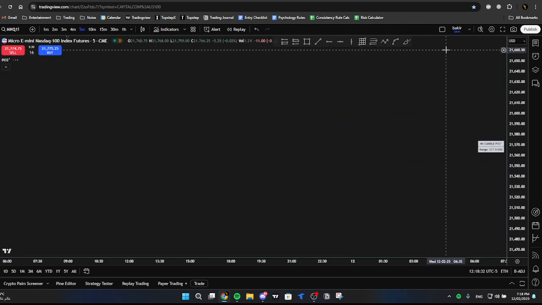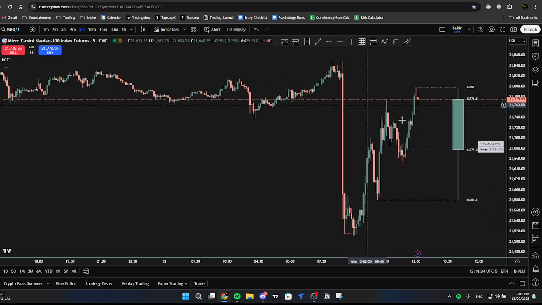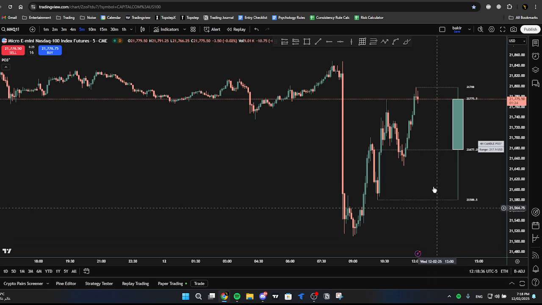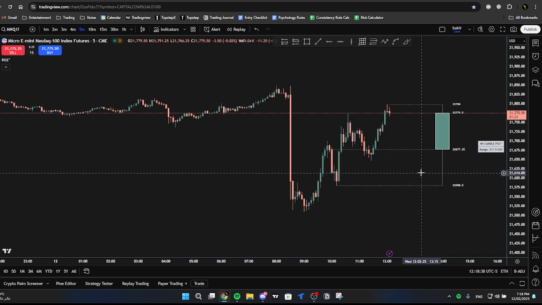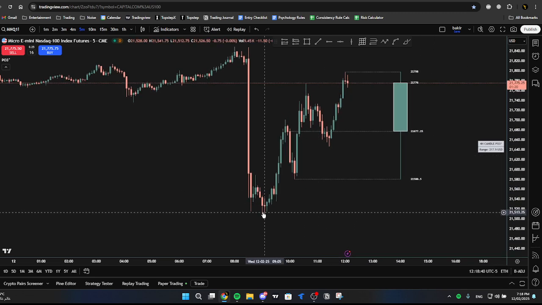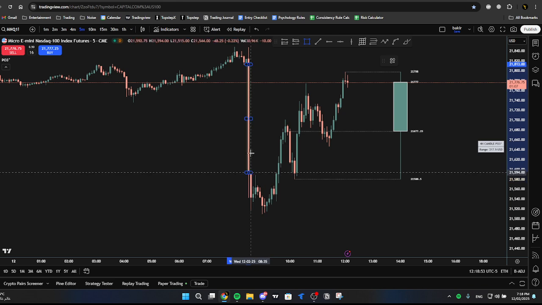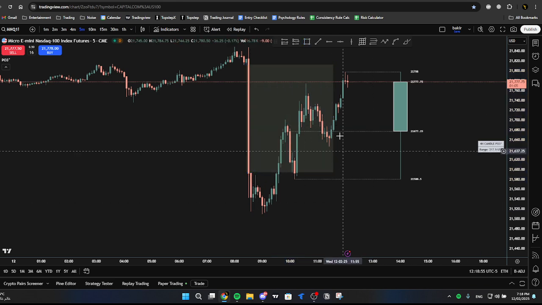So how I took this trade, I didn't take it on eval, unfortunately. So going to the 5 minute here. Since we took this external, we wanted internal. And what is the most prominent internal liquidity that's in front of you right now? It is this fair value gap or data candle.